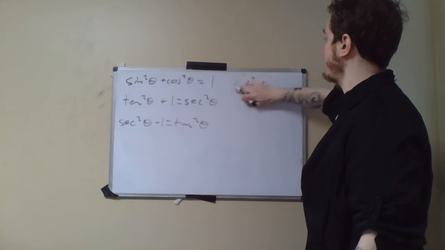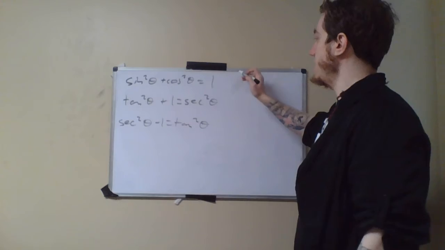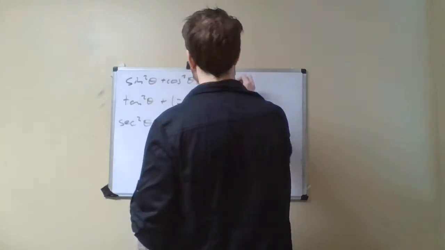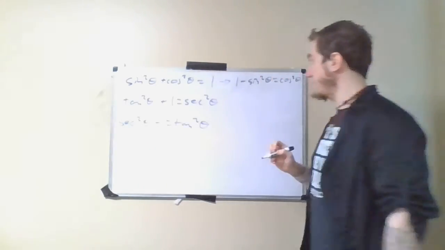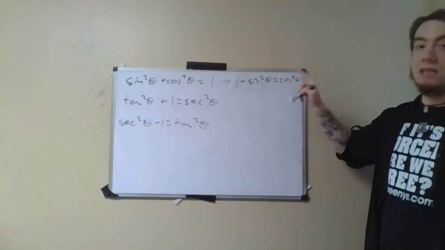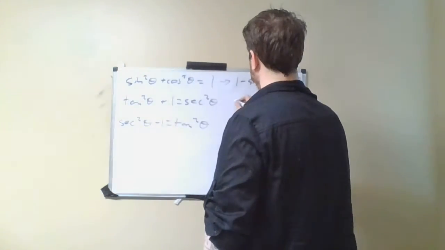Although, actually, let me take that back. Usually what we want to do is take this one and write it as 1 minus sine squared theta equals cosine squared theta, or something like this. And the one that I just wrote down is actually what we want for the next one.